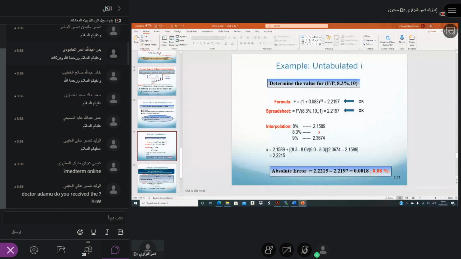So this is an example for untabulated i. You are given an interest rate of 8.3%, which is not in the table. n is 10, which is in the table and is a whole number.